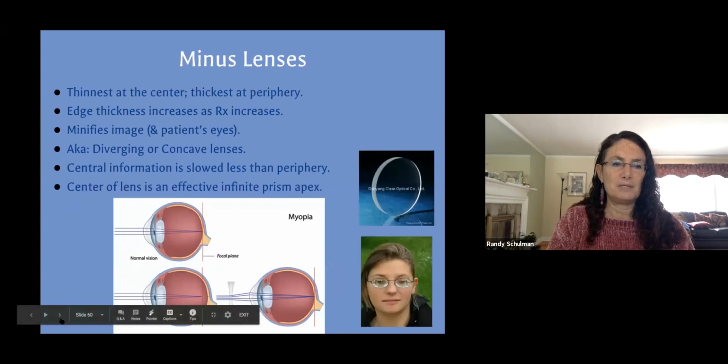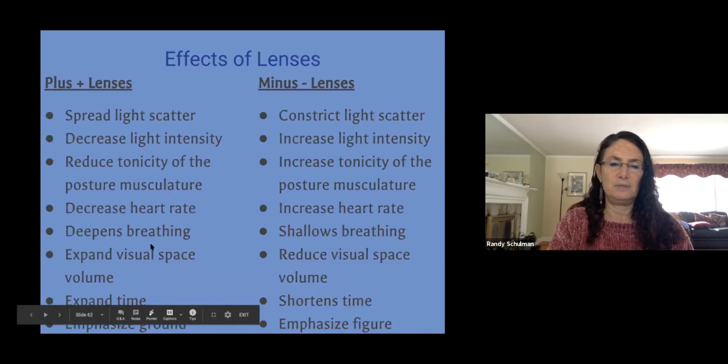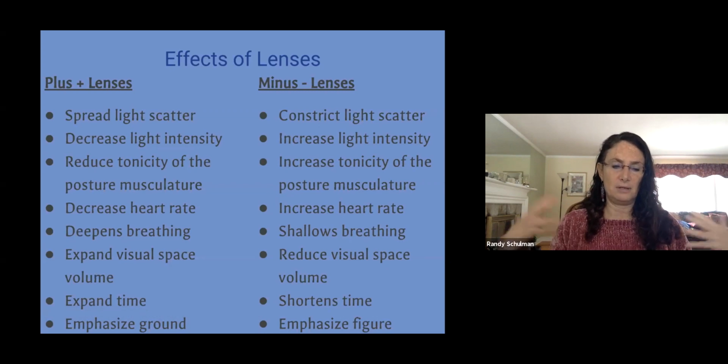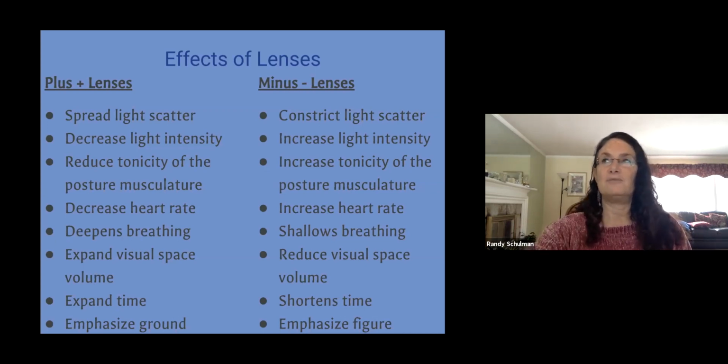I'm going to skip this because you guys have had enough optics. So what are the effects of plus lenses? Remember, we talked about the plus lens, and that reduces the tonicity of the postural musculature. It'll decrease heart rate. It will expand breathing. It will also expand visual space volume.